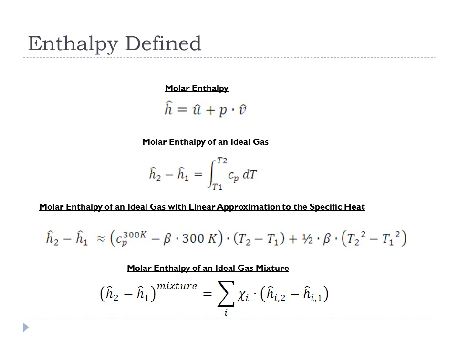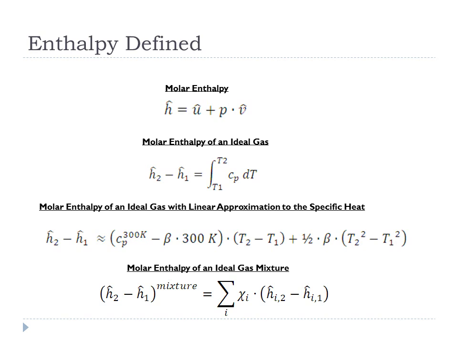And what I want to point out is if you have a mixture, an ideal gas mixture, let's say of nitrogen and oxygen, the enthalpy difference of the mixture looks like the summation of the mole fraction of species i times its enthalpy difference.